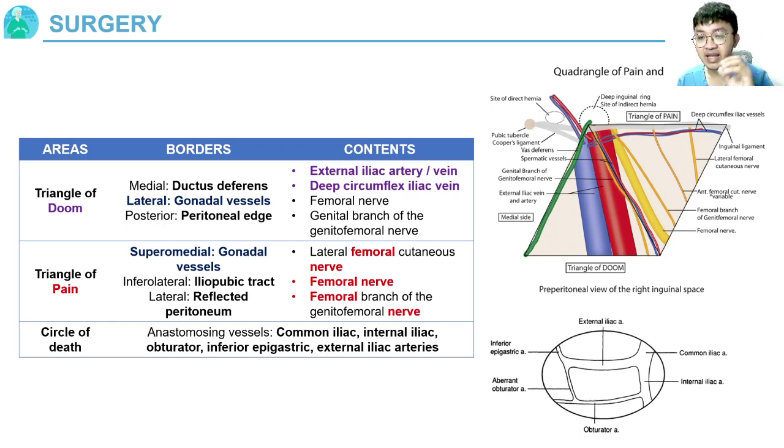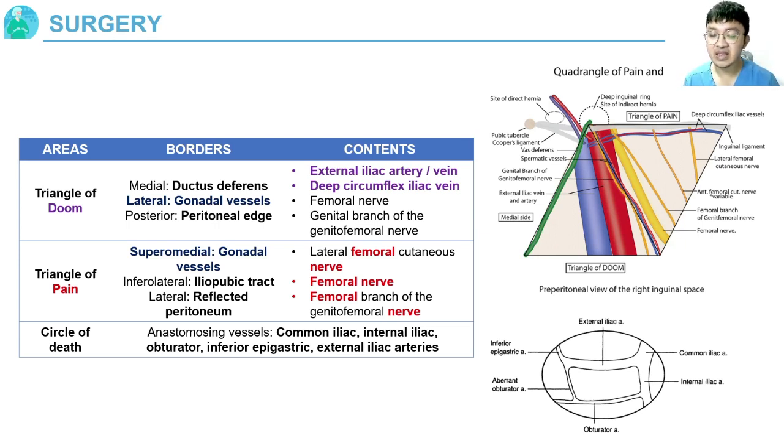Remember, it's the lateral femoral cutaneous nerve and the femoral branch of the genitofemoral nerve, because the genital branch of the genitofemoral nerve is found in the triangle of doom. So basta, if it has femoral in its word, it's found in the triangle of pain. But remember also that your femoral nerve is found in the triangle of doom, and the genital branch of the genitofemoral nerve is in the triangle of doom also.